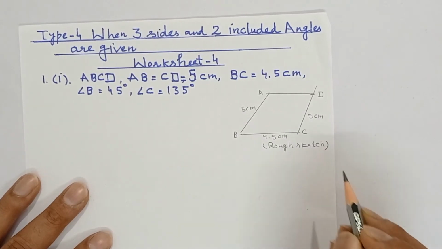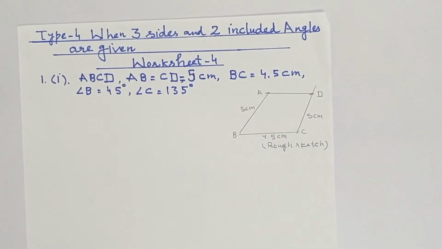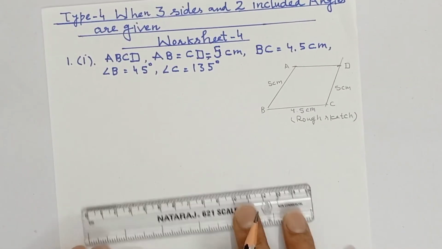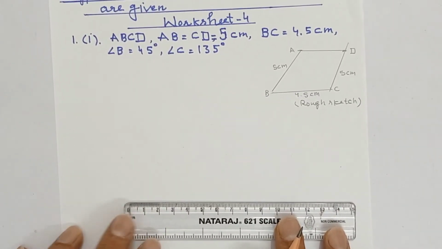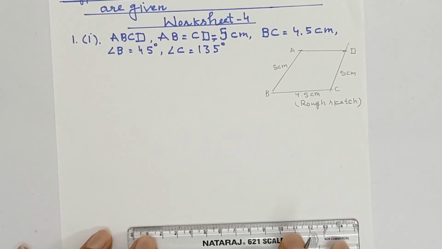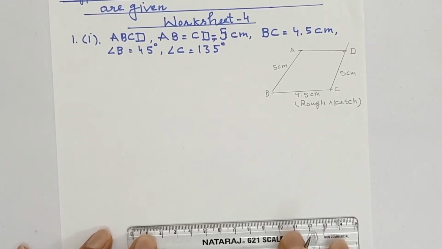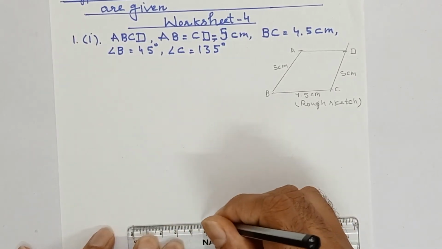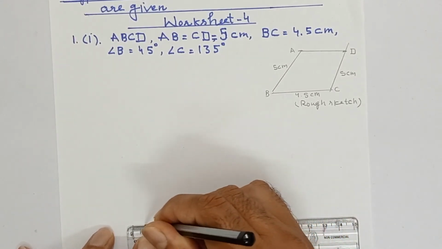So let's start the fair construction. First of all, a 4.5 centimeter line segment. So keep the scale stable, 0, and this is 4.5.